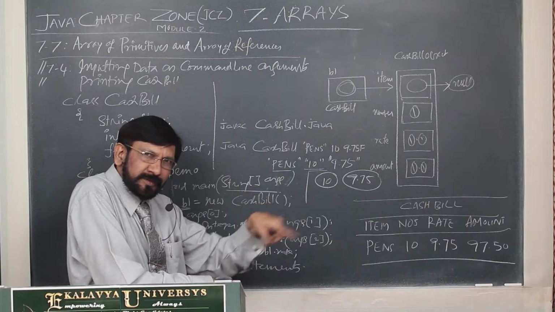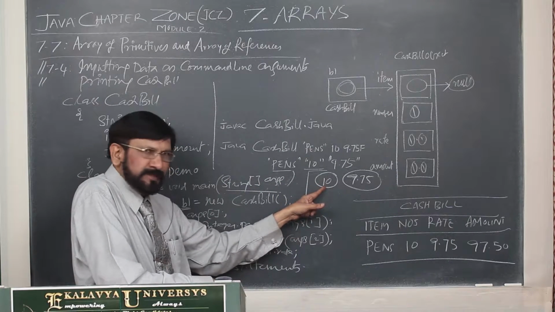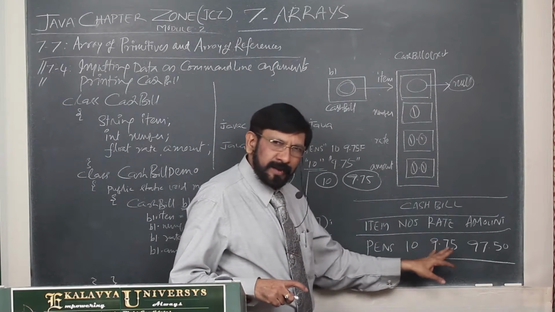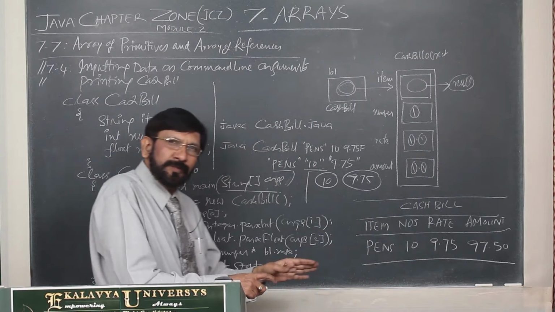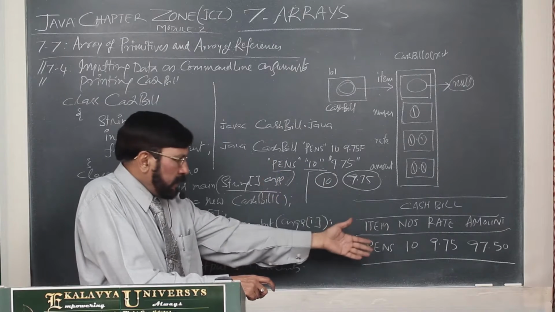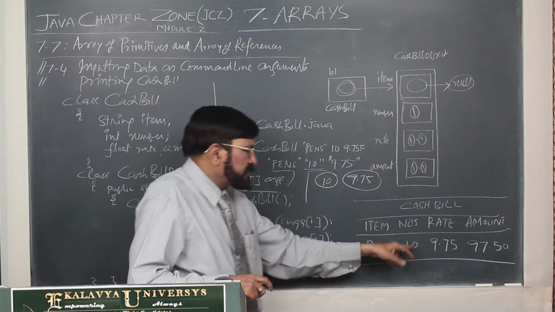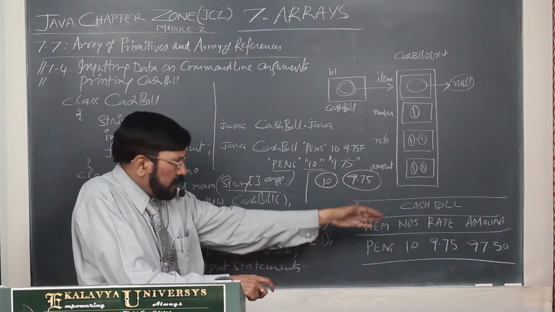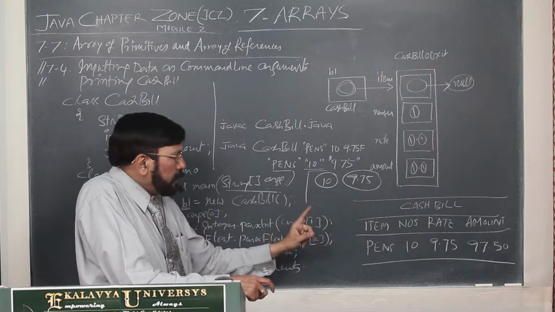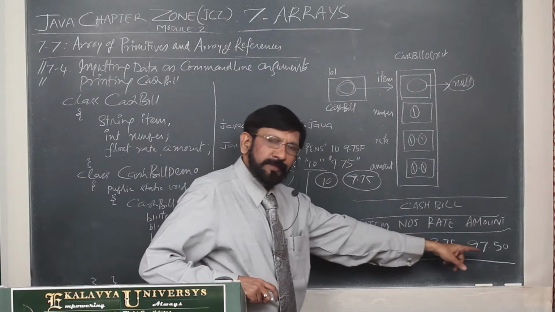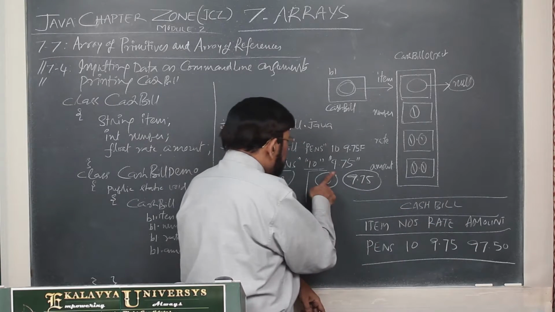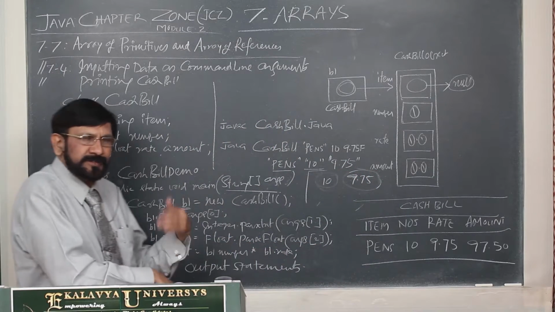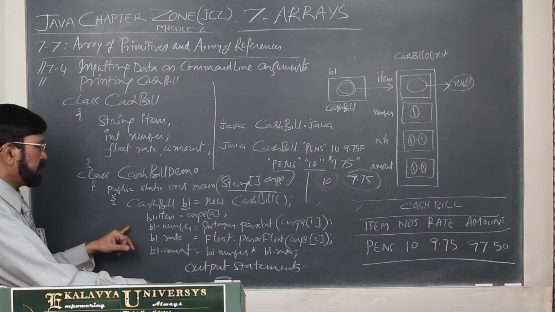Unless you remove the wrapper, you cannot consume it. Here, simply for displaying 10 or 9.75, there is no problem at all. The others cannot understand whether it is a string or an integer value. But if you have to perform operations, this wrapper should be removed. That point was already explained to you. Just as a matter of context, I am explaining it to you.